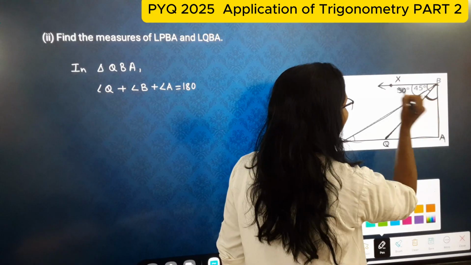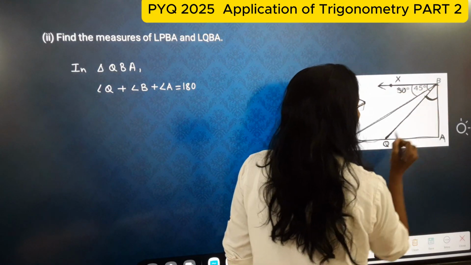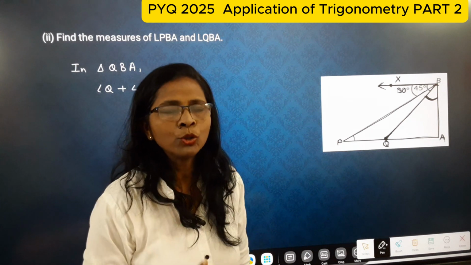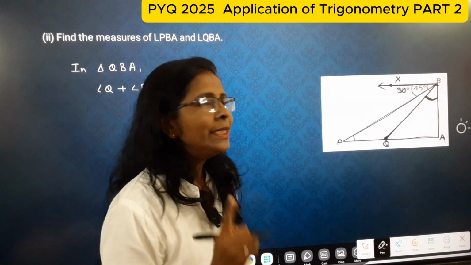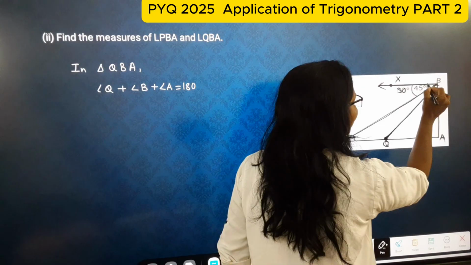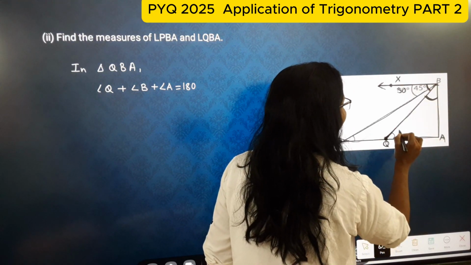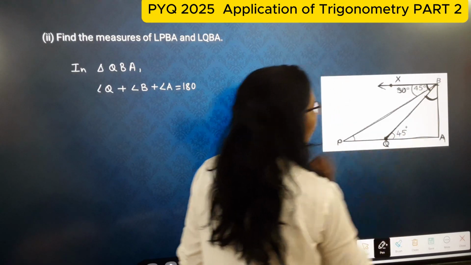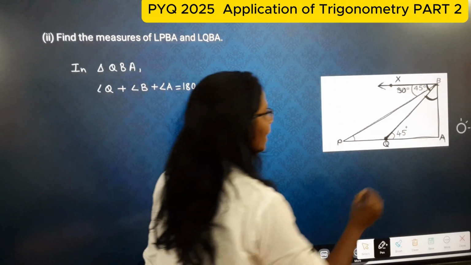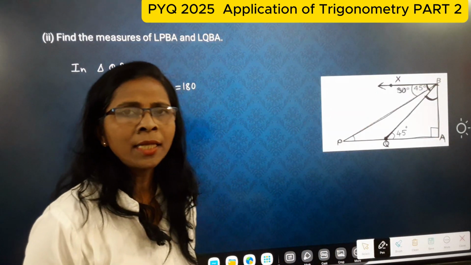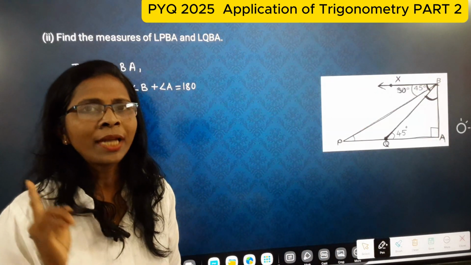Because of the angle of depression, when the ship is at position Q, the angle of depression is 45 degrees, then XB is parallel to PA, so that's why it is also 45 degrees. Okay students, this is 45 degrees, and this angle made by the lighthouse is equal to 90 degrees.